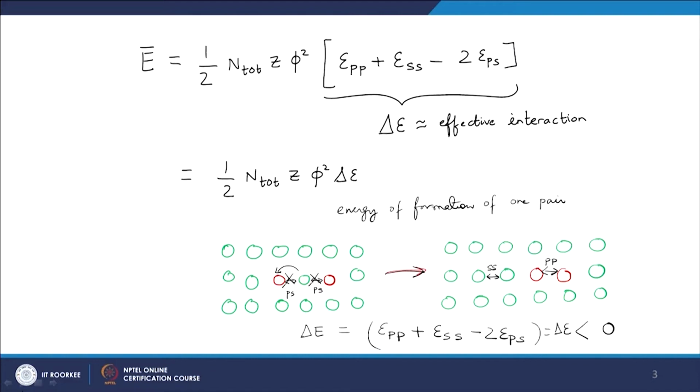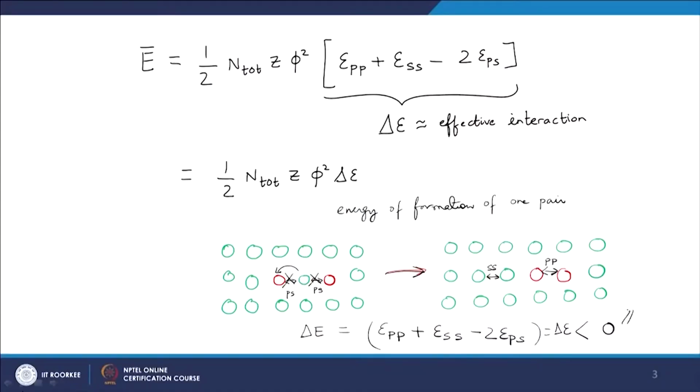So if delta epsilon is less than 0, I will tend to form more pairs of solute and solute, which, if you now think of a larger number of solute molecules, means that if the system favors the formation of solute pairs, the system has a tendency to phase separate. So this essentially means a tendency to phase separate.